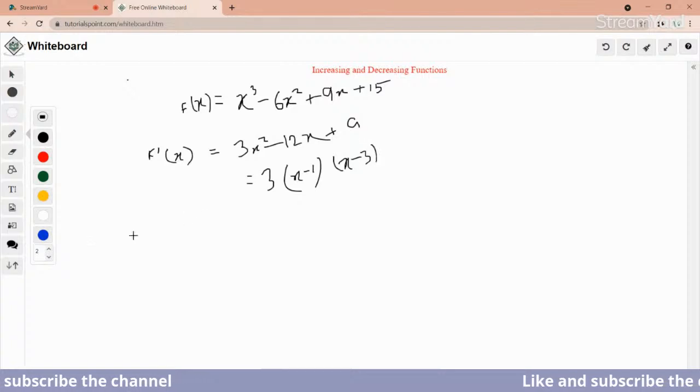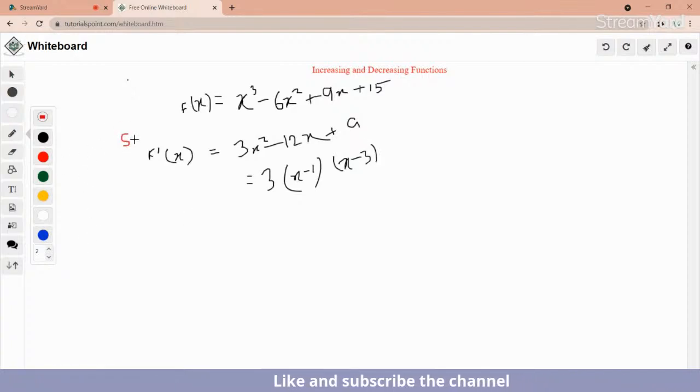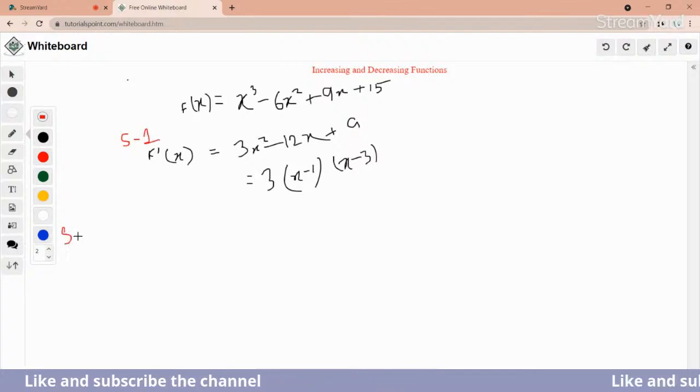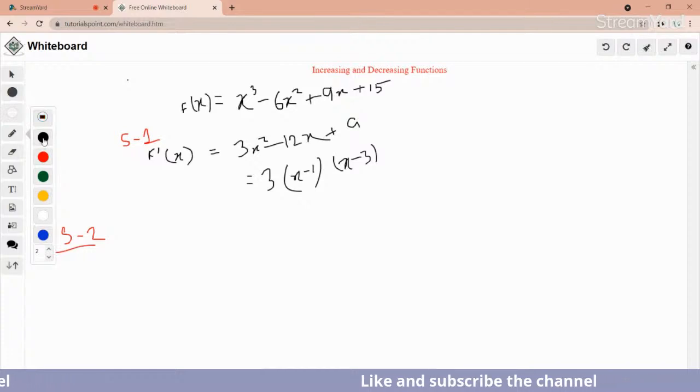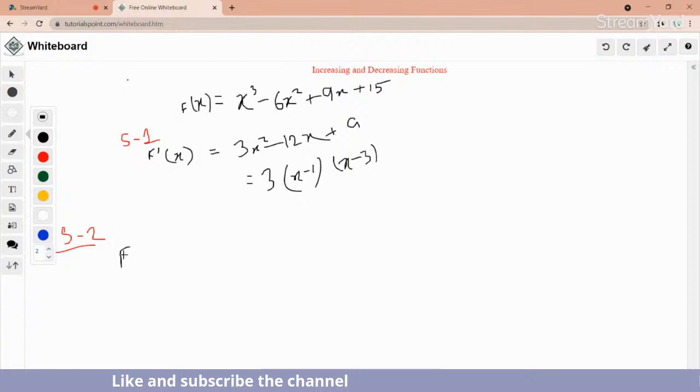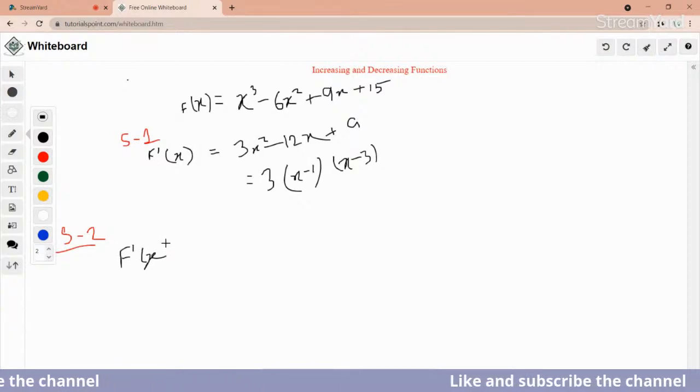Got it? This one was step 1. Now I will show you step 2. Find the value of x by comparing it with 0. What does it mean? Equate f dash x with 0.